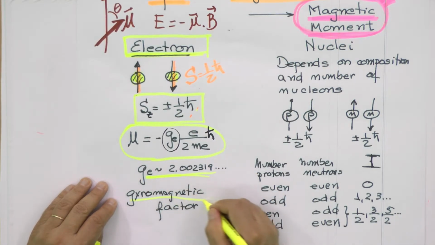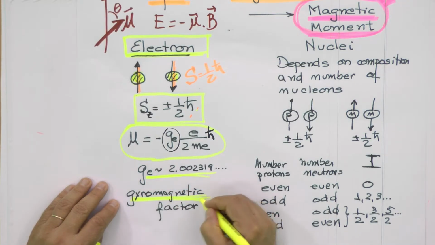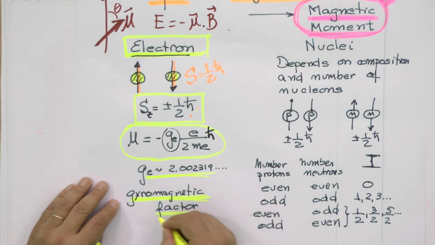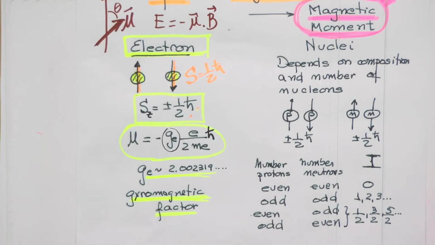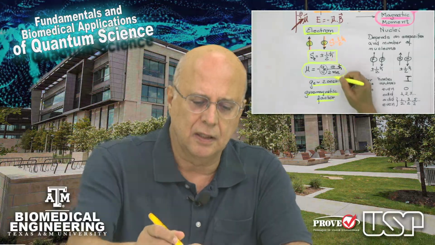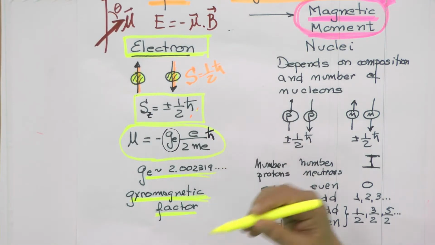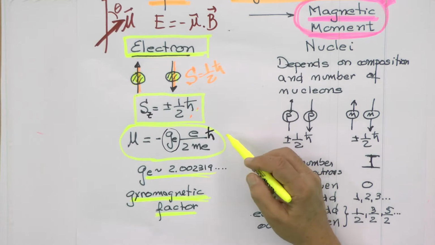The determination of this value was very important to understand what was going on with the interaction of the electron with the vacuum and with everything, and it still is something that people investigate all the time.